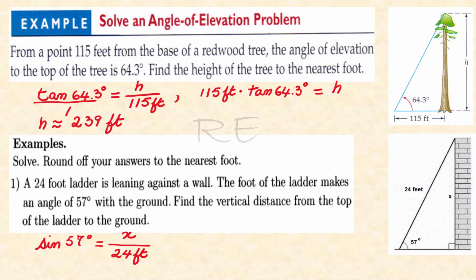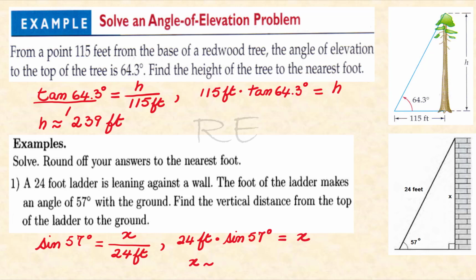So sine 57 degrees is equal to x, which is the height of the wall, over 24 feet. When we cross multiply, 24 feet times sine 57 is equal to x.